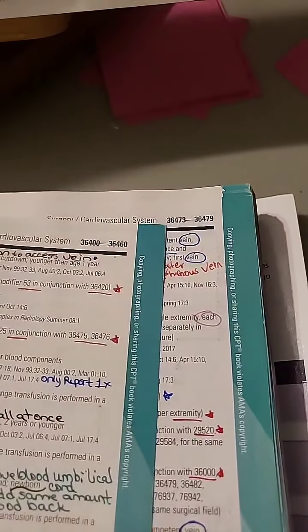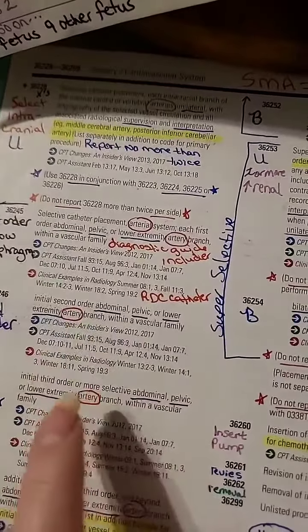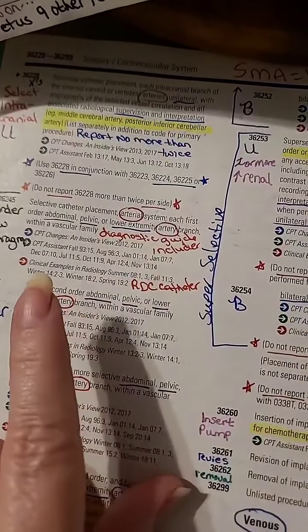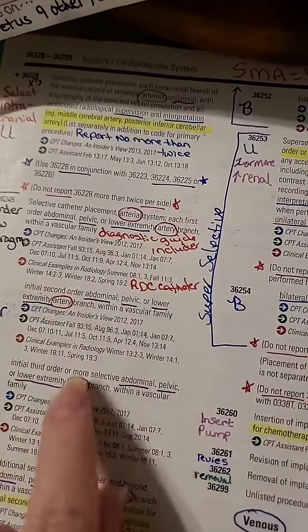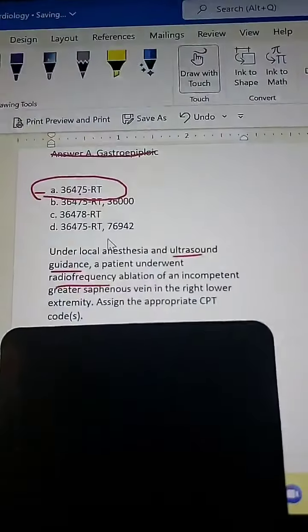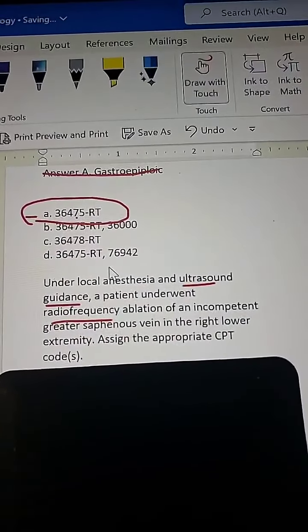If my procedure ends up being in an artery, then I circle it in red. That way, a lot of these practice exam questions are, the first thing you got to know is, am I in an artery or a vein? That will save your soul in cardiology, is just knowing where you're located at.